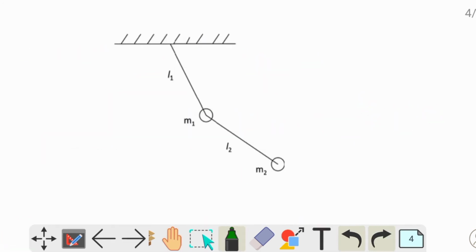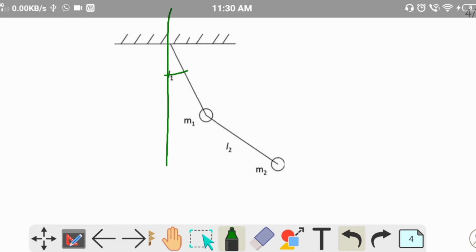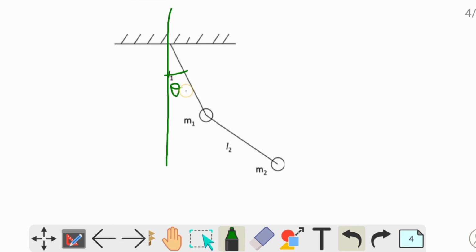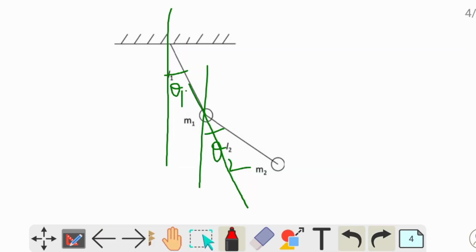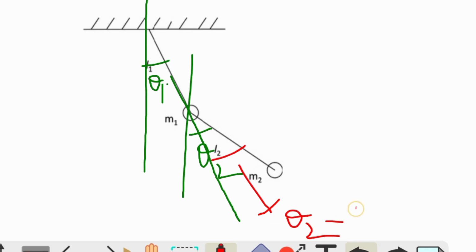Now let's find out the Lagrangian for the third case, which is the case of the double pendulum. Let us suppose this angle is theta 1 and this angle is theta 2. So the angle between these two pendulums is theta 2 minus theta 1.